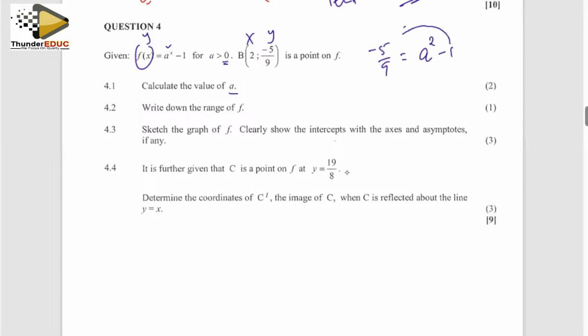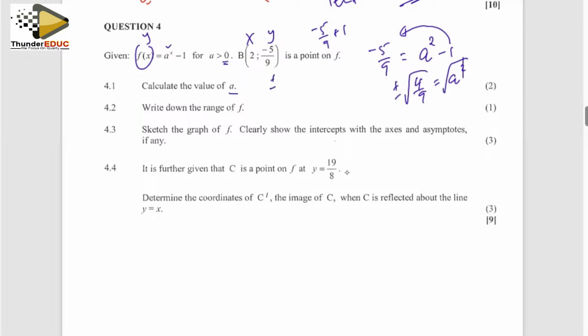Then we're going to move the 1 that side, which means it's going to be negative 5 over 9 plus 1. When you punch that into your calculator, I'm going to end up with 4 over 9 as my result, which is equal to a squared. And then find the square root. So we know that the square root must always give us a plus or minus, okay?